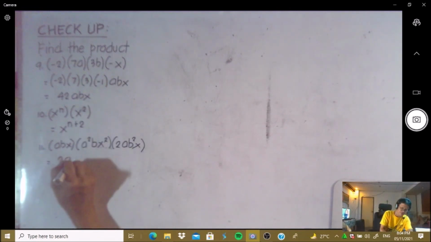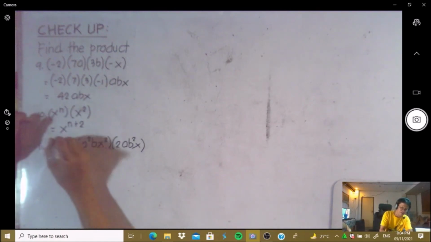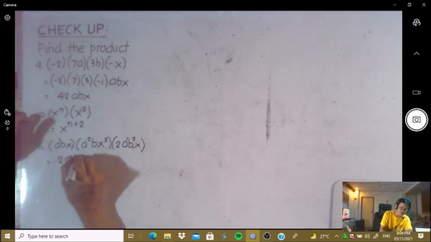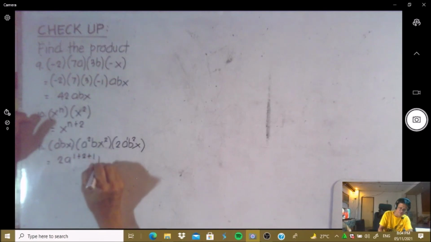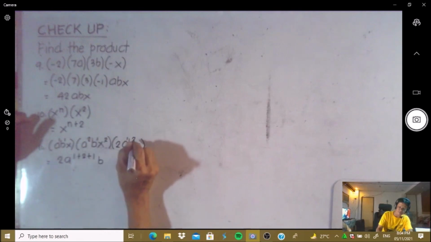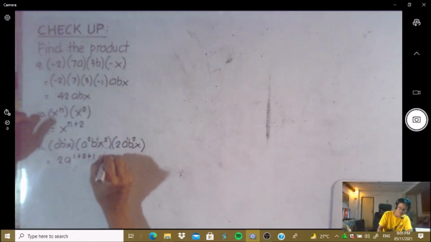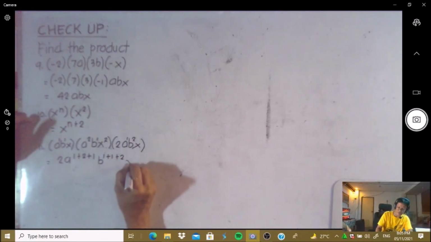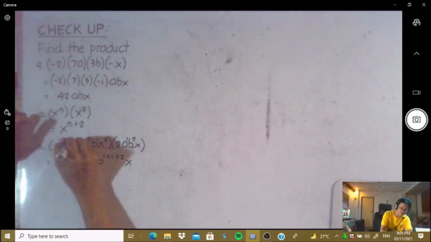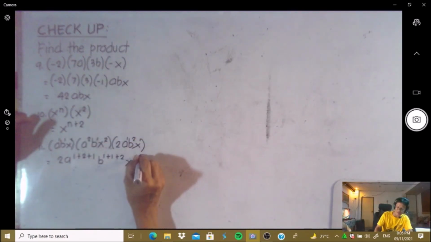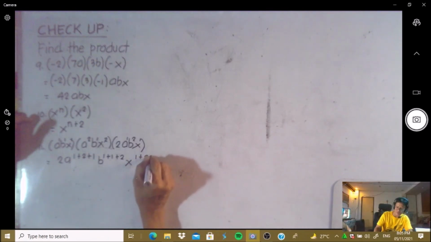Then we have a, so we have 1 plus 2 plus 1. And we have b, so we have 1 plus 1 plus 2. And for our x, we have 1 here, so 1 plus 2 plus 1.